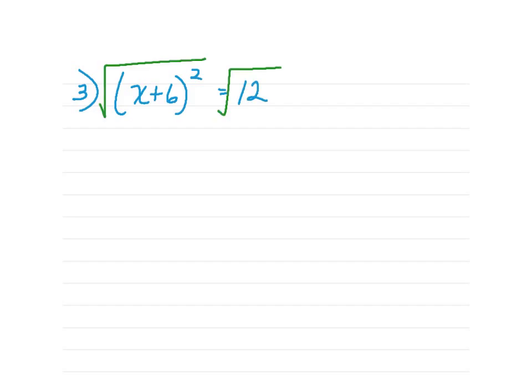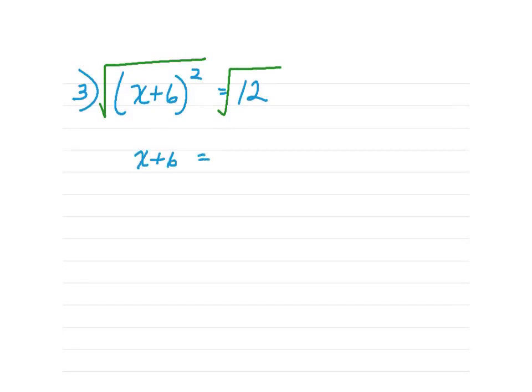Okay, number 3. X plus 6 squared is equal to 12. Again, we have to find the square root of both sides of this equation. So, on the left, x plus 6 squared, the radical or the square root of that would be x plus 6.